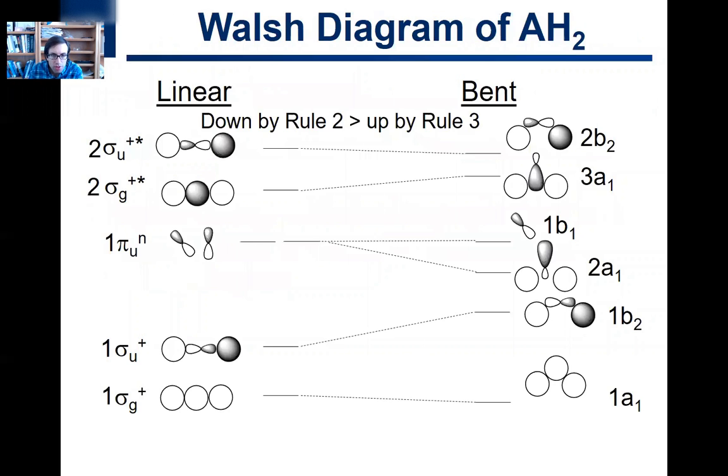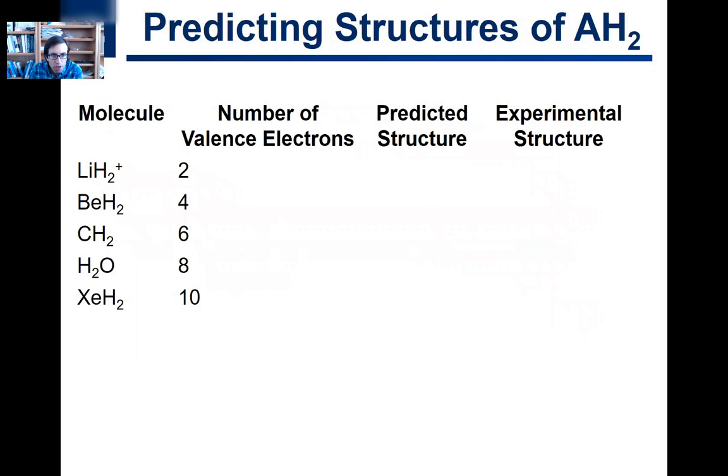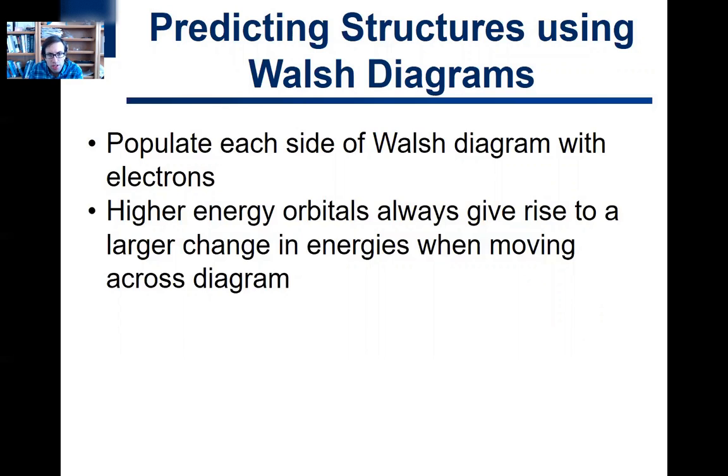The reason for this is, whatever your HOMO and your LUMO are, those are essentially the energy levels that are going to matter the most, because your other populated molecular orbitals, let's say the molecular orbital below your HOMO, are pretty stable in energy.